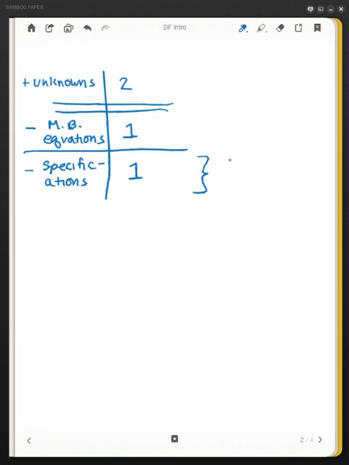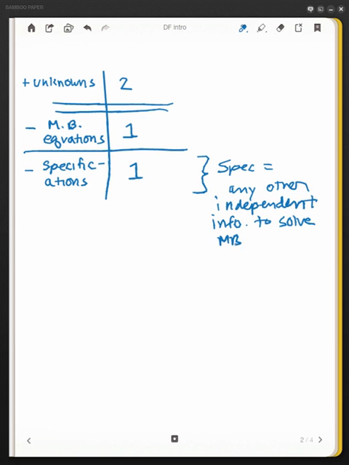So a specification is basically any other independent information that you can use to solve the mass balance equations.